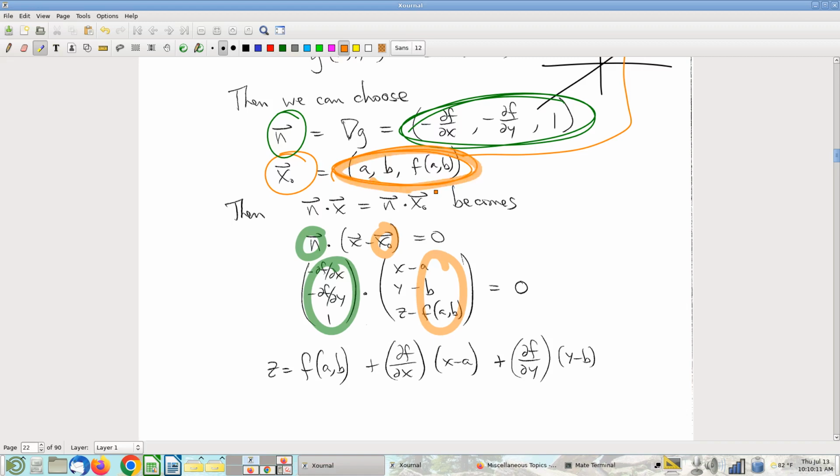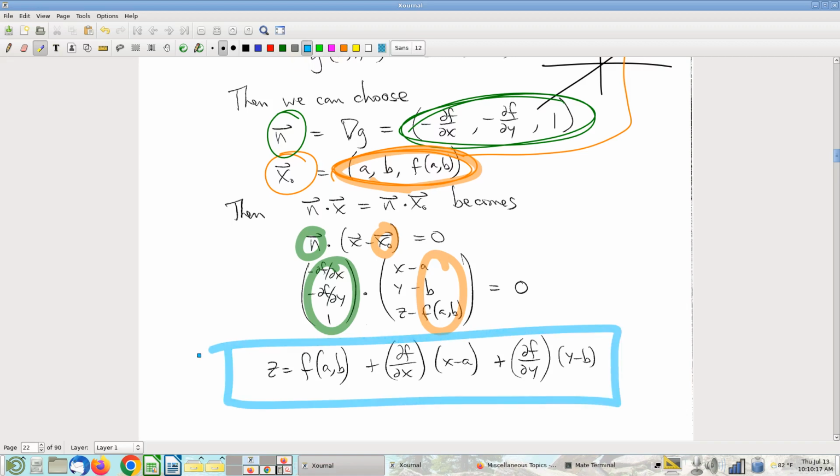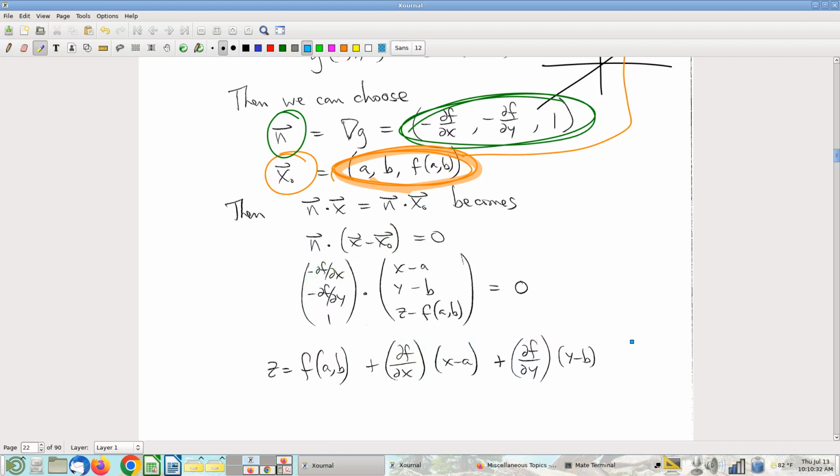You dot it out, multiply, move terms around, and lo and behold, the tangent plane that I was looking for. Very familiar results. The exact same result we got previously. And so we know we got the right answer. Everybody happy? Make sure to think through all this algebra that I just glossed over, right? There's significant steps there. Okay. All right.